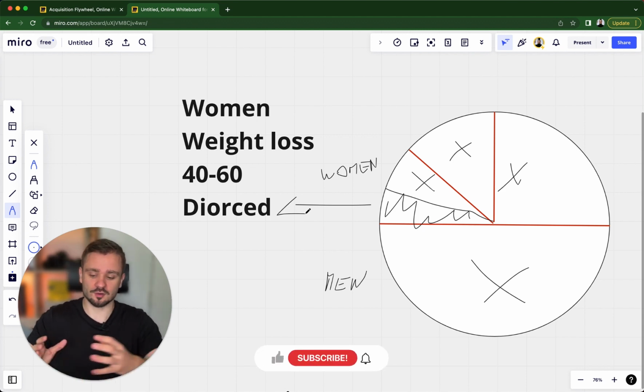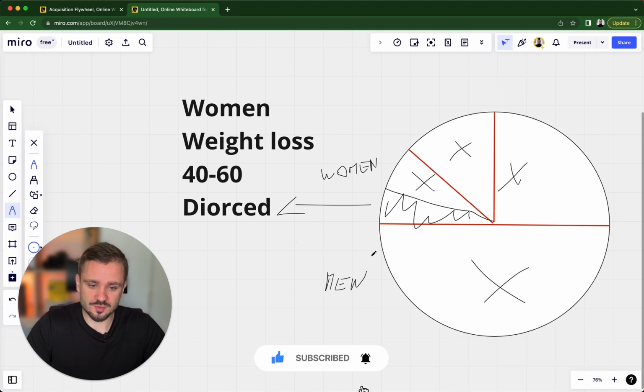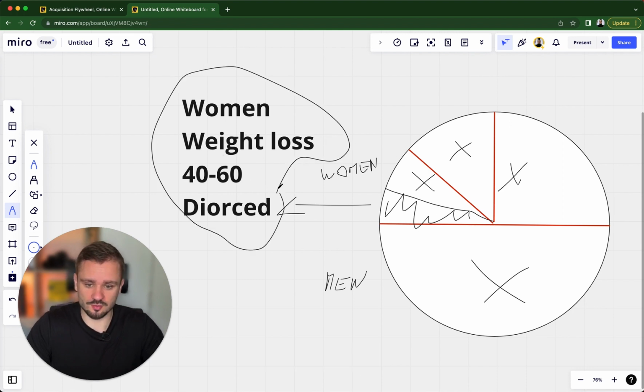You just need qualified people in your lead list. And once you become an authority for these women, you are much more likely to charge them a lot more. So I actually know someone who charges $10,000 for a program specifically for this target audience, because they already have money, they have a pain point, and yeah, it's divorce.